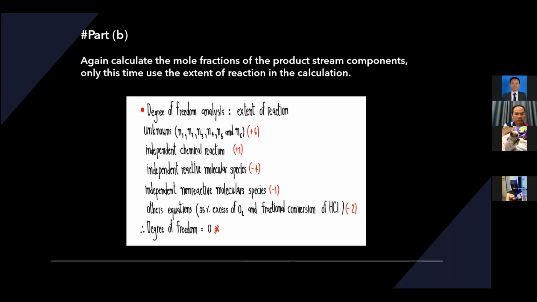The unknowns are equal to +6, the independent chemical reaction is equal to +1, independent reactive molecular species is equal to -4, and independent non-reactive molecular species is equal to -1. The other equations from the excess of oxygen and fractional conversion are equal to -2, then the degree of freedom is equal to 0.